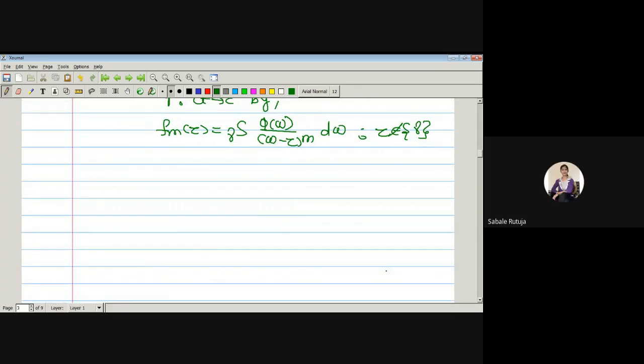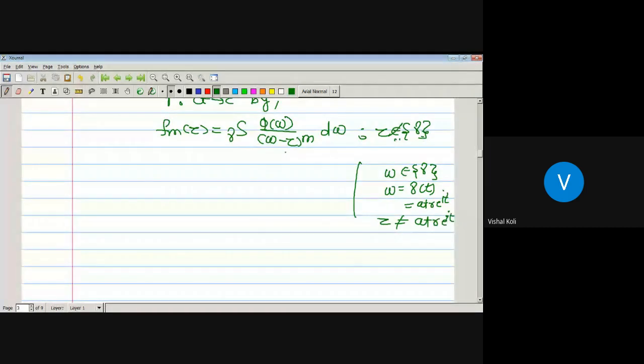Yes, sir, well defined. Since W is a member of trace of gamma, it must be of the form gamma of t, that is a plus r into e to the power it. And Z is not a member of trace of gamma, so Z cannot be expressed in this form. Therefore, there is no possibility that W and Z are equal, since they belong to two different sets.